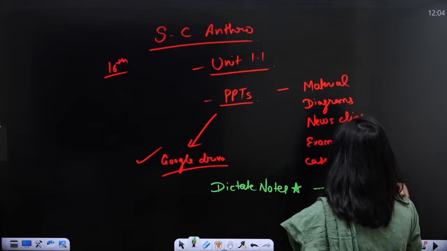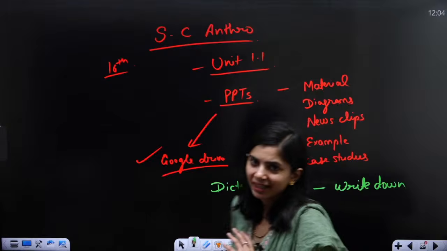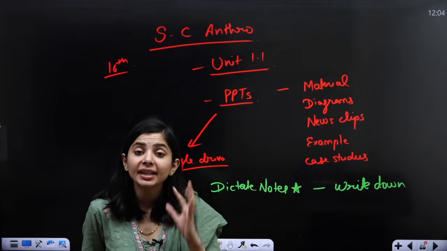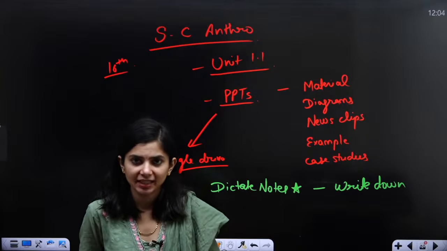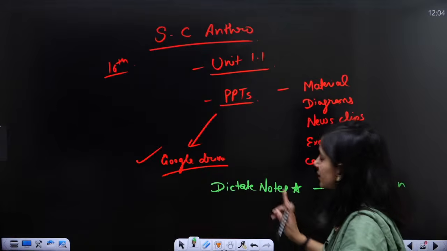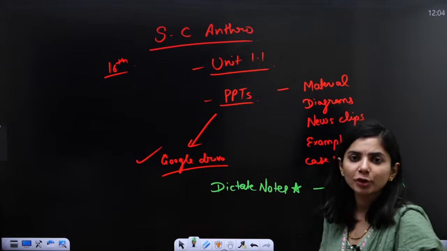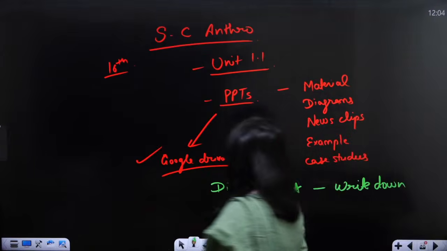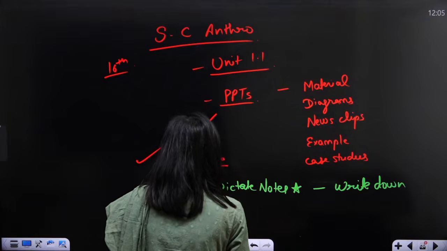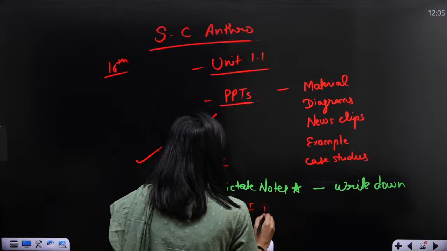No need to have running notes in my class. I will dictate each and every part in the class itself, each and every example, everything. These dictated notes are going to be your one-stop solution. Other than these dictated notes, you will get the paper 1 and paper 2 book.